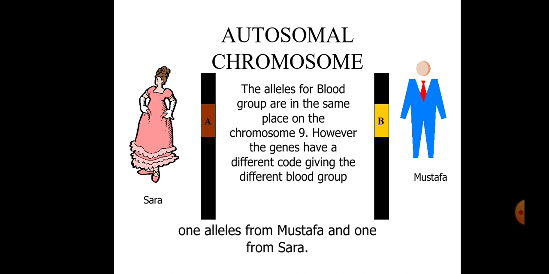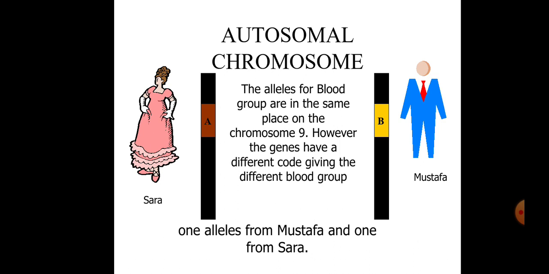And if you have two people like this sweet couple here, Sarah and Mustafa, Sarah is blood group A and Mustafa is AB.